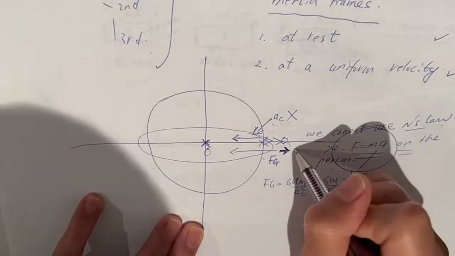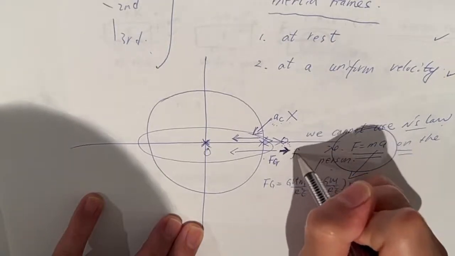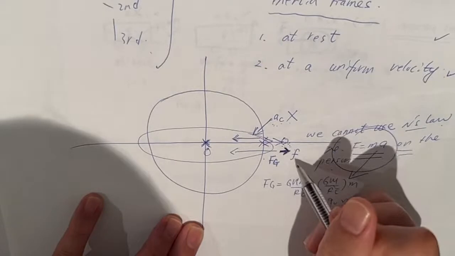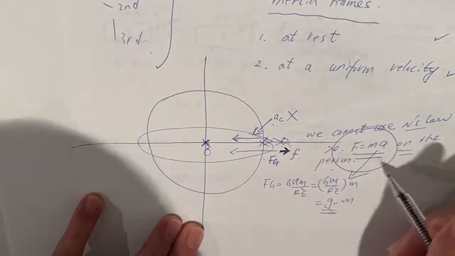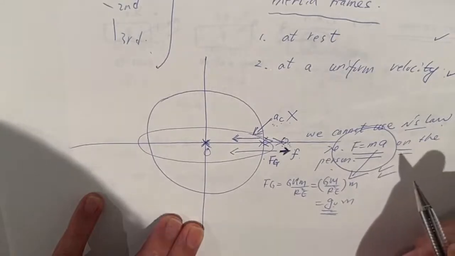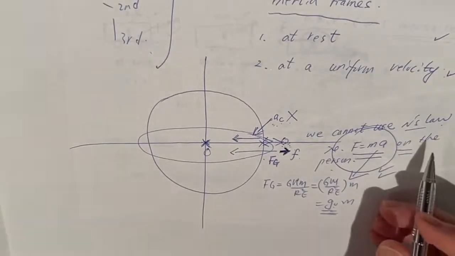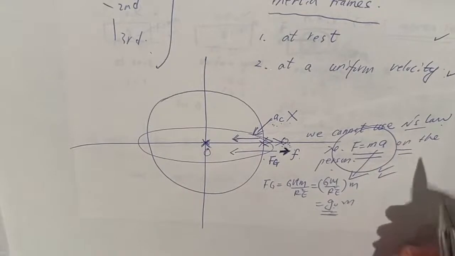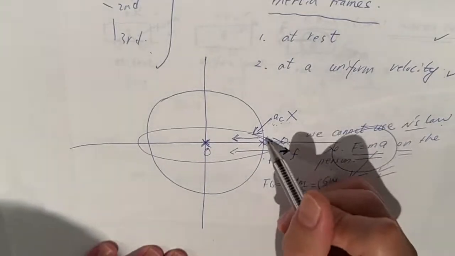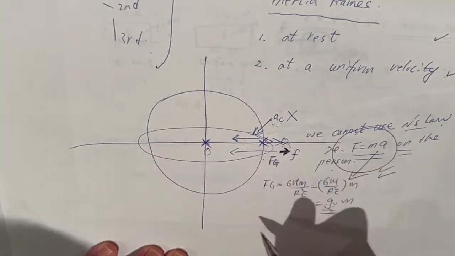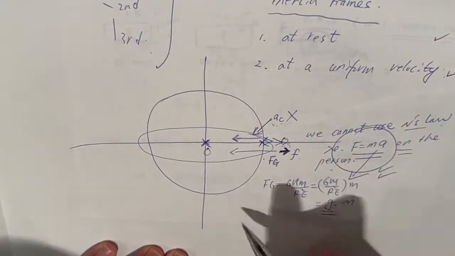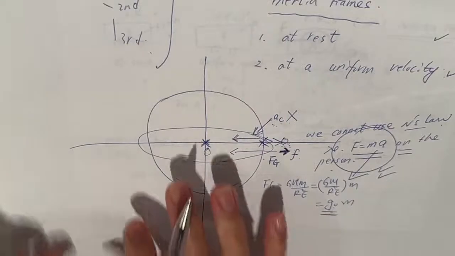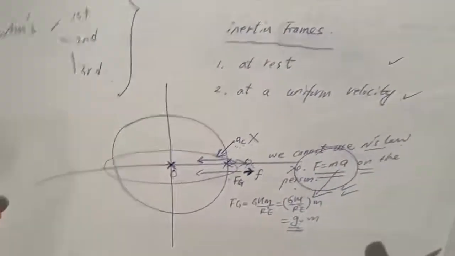And we call this another small f. Now, by inventing this force, we can now use Newton's second law. Therefore, for the person here, the total force, now for Newton's second law, maybe I draw another diagram so that you can see clearly.